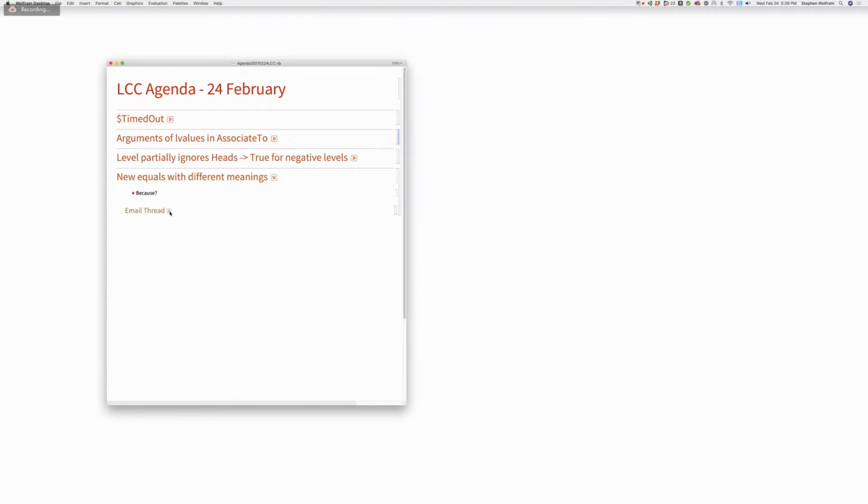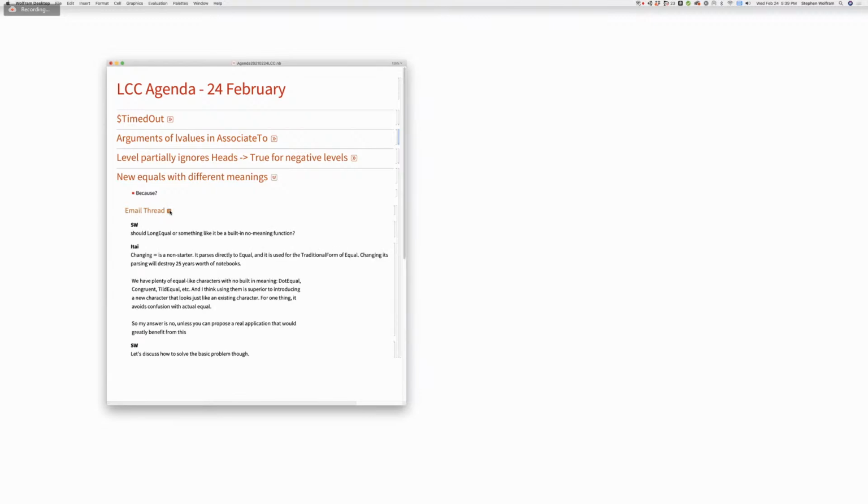Right. So this was an email you sent to TLCC, and I'm not sure what the basic problem is, though. So here we are discussing it. Okay. The basic problem is, when you're dealing with formal mathematical relations, this is the difference between equals.